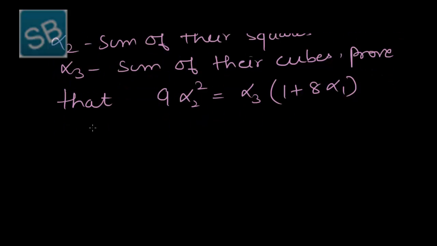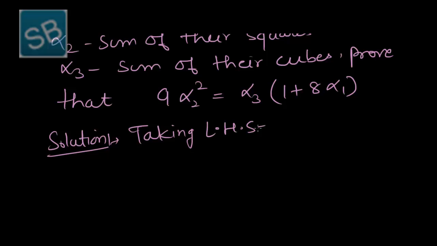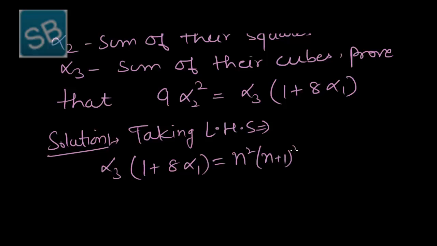Now taking the right hand side, alpha 3 into (1 plus 8 times alpha 1). Alpha 3 is the sum of their cubes, so it is n square (n plus 1) whole square over 4.